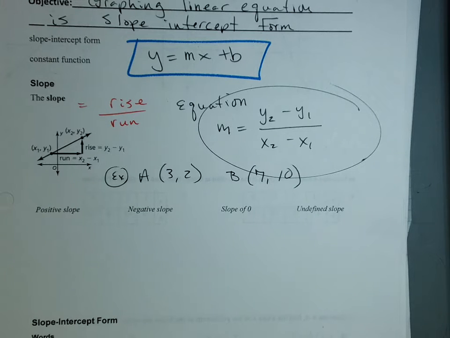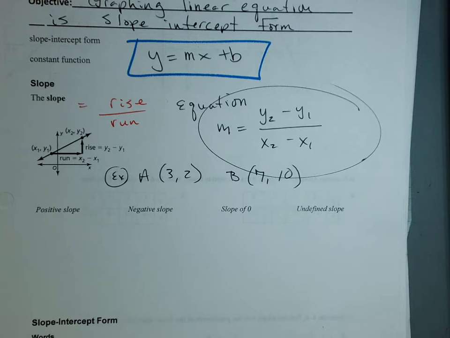This is my first point, right? We're going to do this a bunch next week. So this would be x1 and this would be y1. First x, first y. This is my second point, so this would be my x2 and my y2, all right?